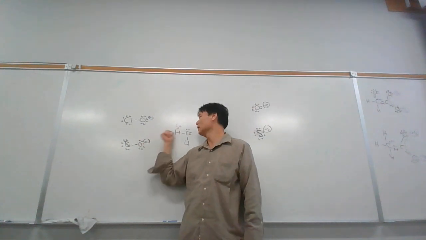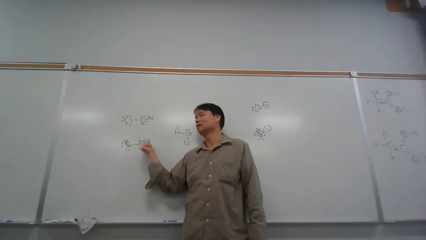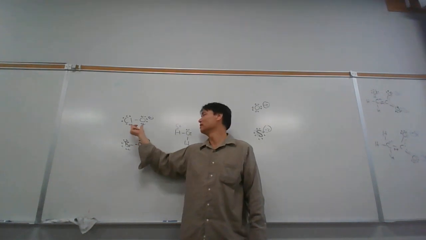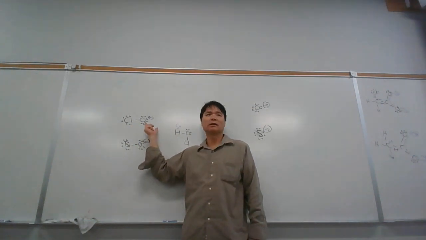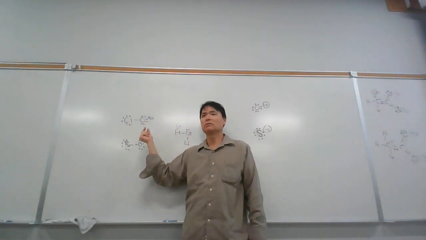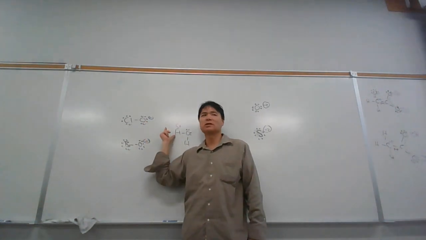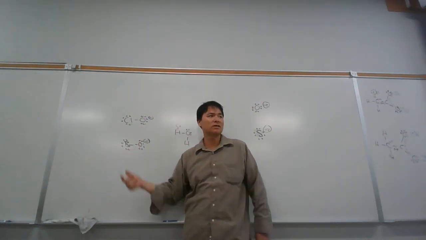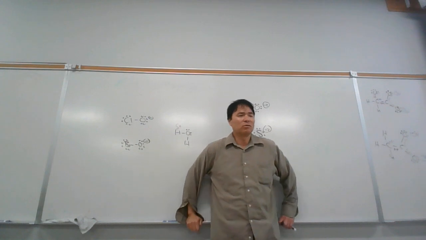When this plucks off the hydrogen, we're going to make the conjugate acid, which is hypobromous acid. And when this plucks off a hydrogen, we're going to make hypochlorous acid. So the bond that we're forming is with oxygen. Nothing's happening with this bond. It's not changing, so we're not going to worry about it too much.